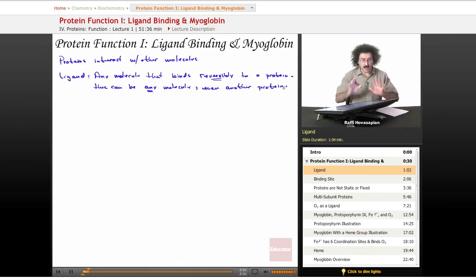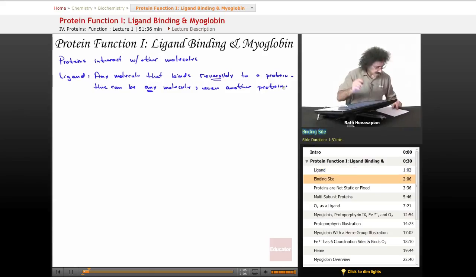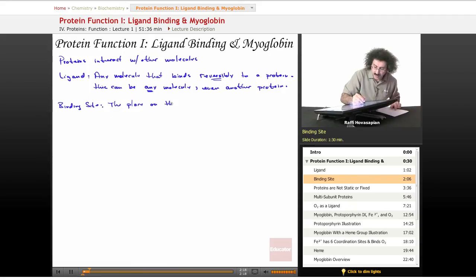That's it. So a ligand is any molecule that binds reversibly to a protein. Now, the binding site, it's exactly what you think it is. The binding site is the place on the protein where the ligand binds.